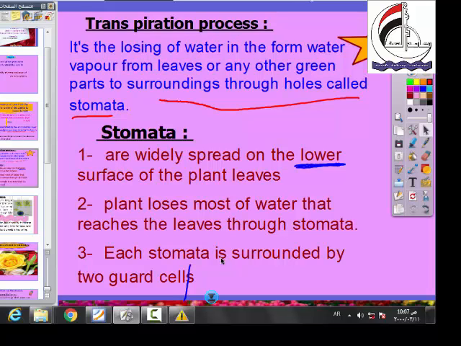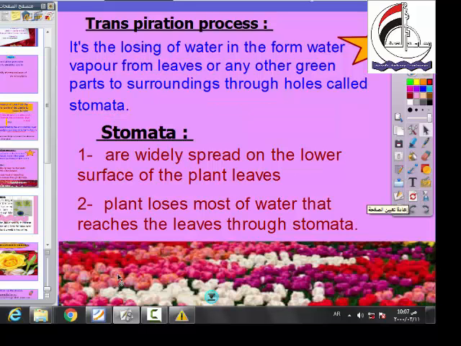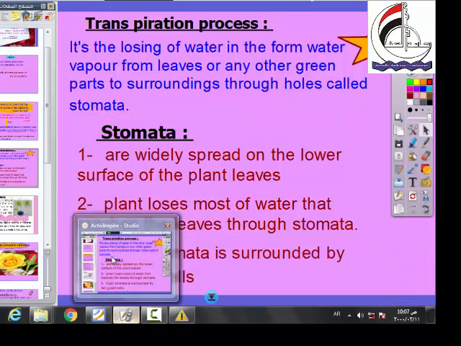Number 3, each stomata is surrounded by 2 guard cells.